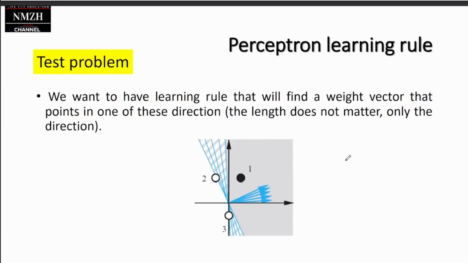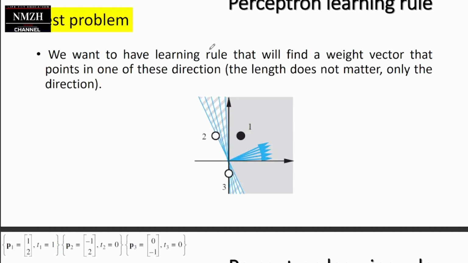One more thing, we want a learning rule that will find the weight, because we don't need to find the bias since the boundary happens to pass through the origin, right? So remember, the weight and the boundary line are always orthogonal.